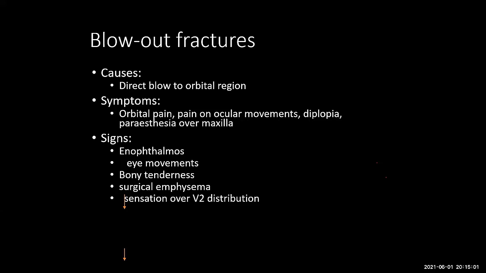Now, this is because of the damage to the infraorbital nerve which traverses on the floor of the orbit, so that this nerve can simply be damaged in a blowout fracture, so that this patient can have paresthesia over the maxilla. And signs you need to look for: enophthalmos, restricted eye movements, bony tenderness, surgical emphysema, and sensation. Check for sensation over the distribution of the maxillary division of the trigeminal nerve.